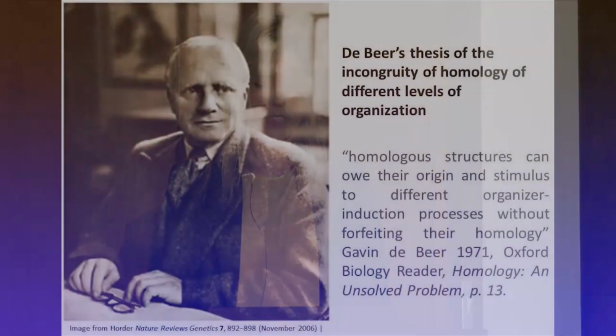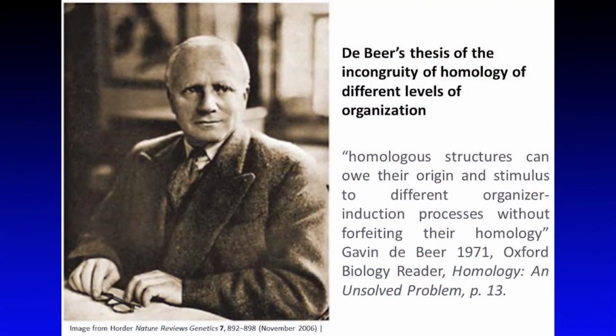Vocal critics of the classical views of homology focused on the inability of these views to account for developmental perturbations, phenotypic modifications, environmental influences, and the different mechanisms by which homologous traits were inherited.